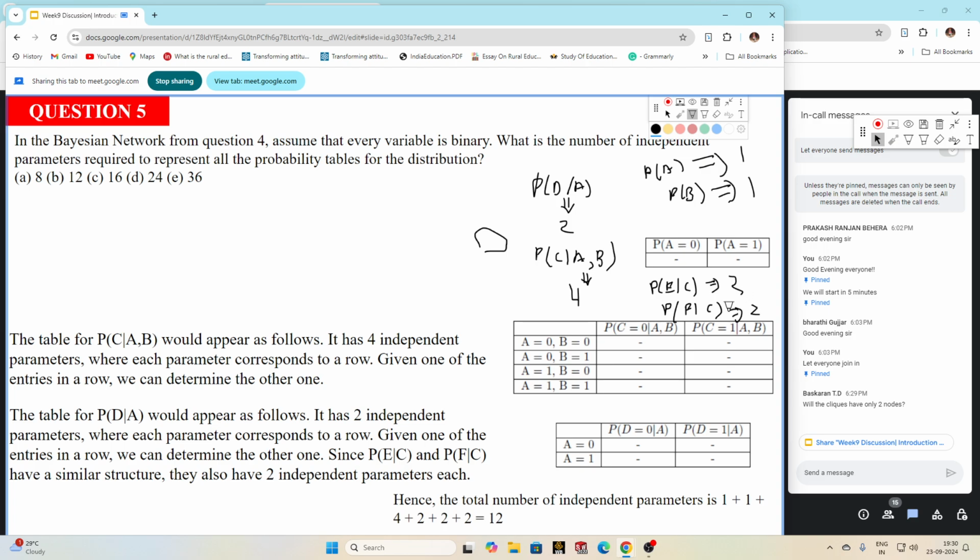So how many cases in total? 1 plus 1 is 2, 2 plus 2 is 4, 4 plus 4 is 8, 8 plus 2 is 10, 10 plus 2 is 12. So option B is your correct answer.